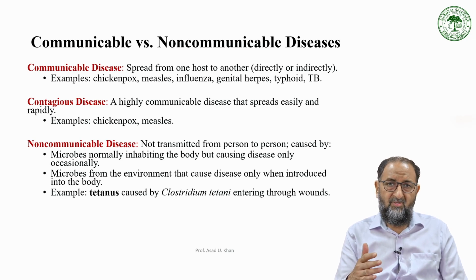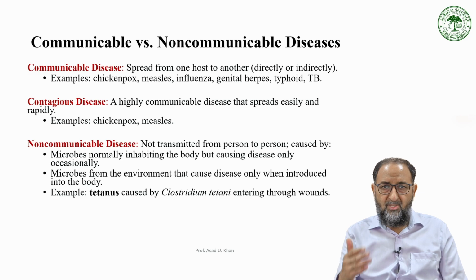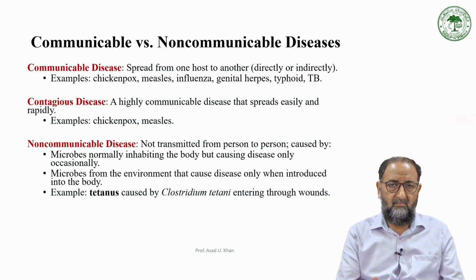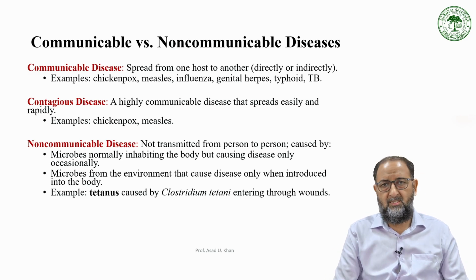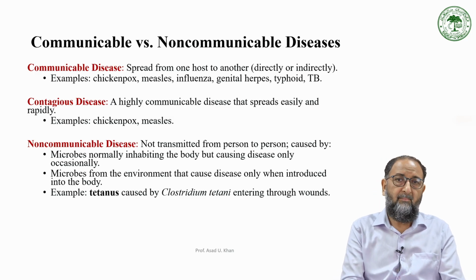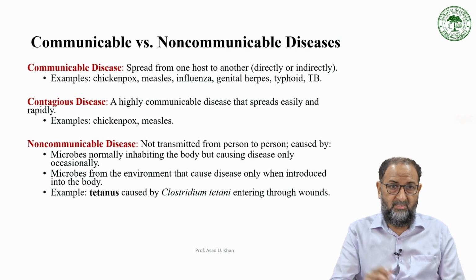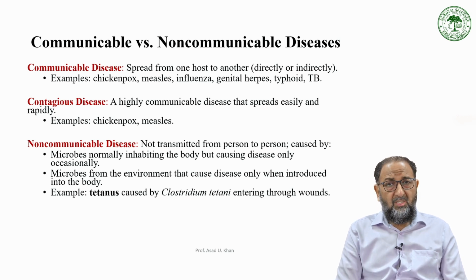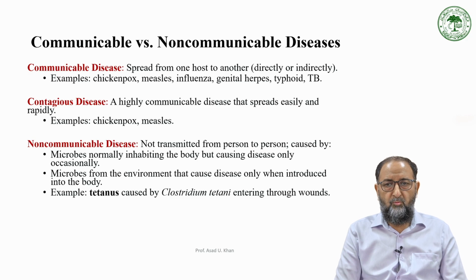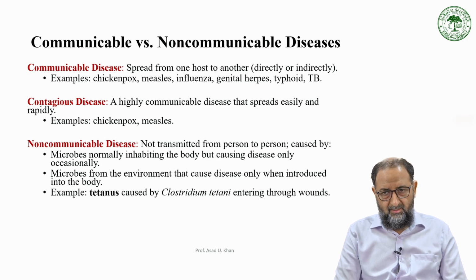If a person has chickenpox or measles in a house, there are ample chances that the people living in the same house, the same locality or same area may get the disease, and that's how contagious disease infections may become an epidemic or sometimes a pandemic. COVID-19 is a very good example. Whereas non-communicable diseases are not transmitted through any person-to-person interaction.